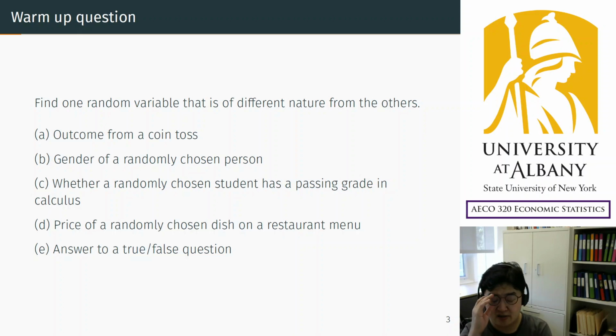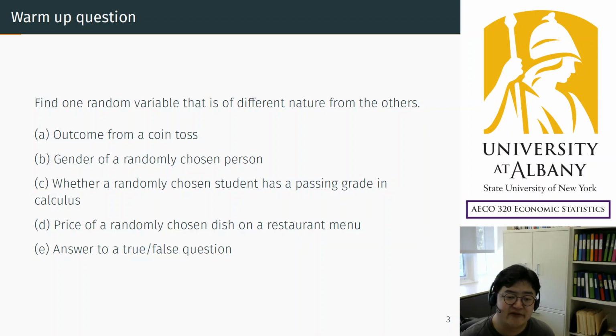Here I'm showing you 5 examples, and you find one random variable that is different from the others. A, outcome from a coin toss. B, gender of a randomly chosen person. C, whether a randomly chosen student has a passing grade in calculus or not.